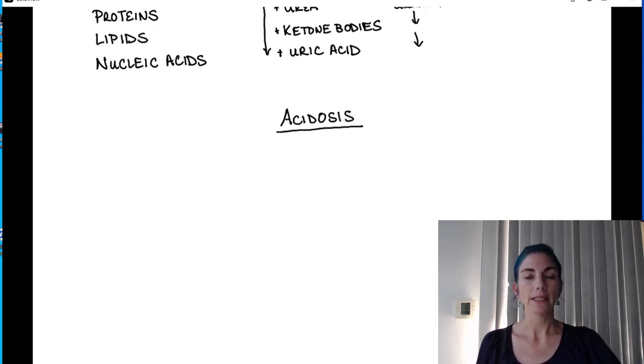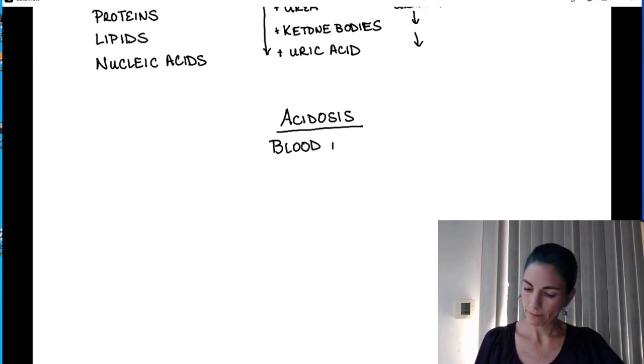So acidosis is obviously the drop of blood pH. So blood pH becomes too acidic. There are two major types of acidosis: respiratory and metabolic.